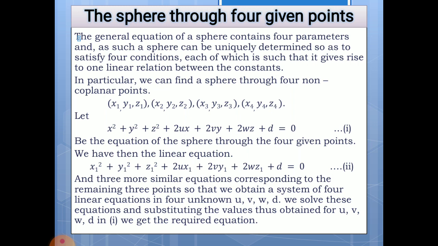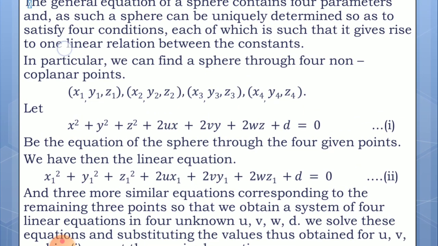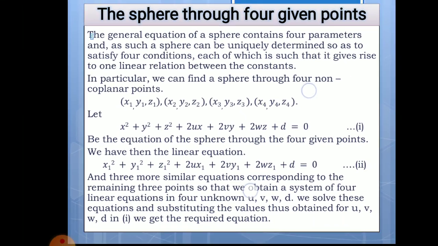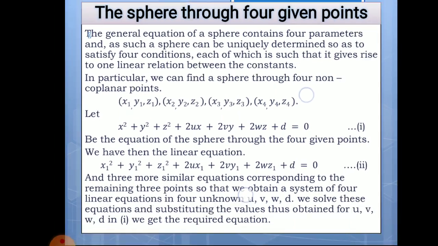The center of this general sphere, which is given by equation 1, is (-u, -v, -w), and the radius is the square root of u square plus v square plus w square minus d. In the last lecture, we solved some problems to find the radius and center of the sphere given in general form.